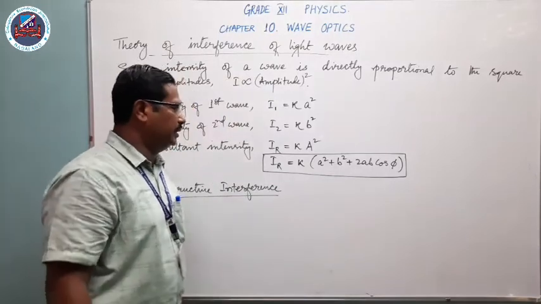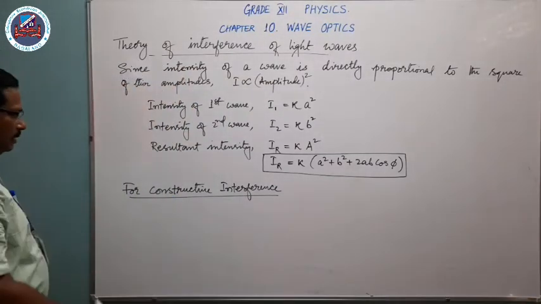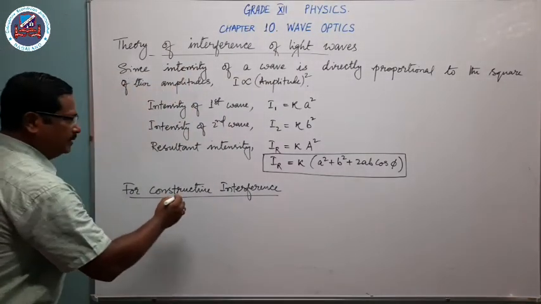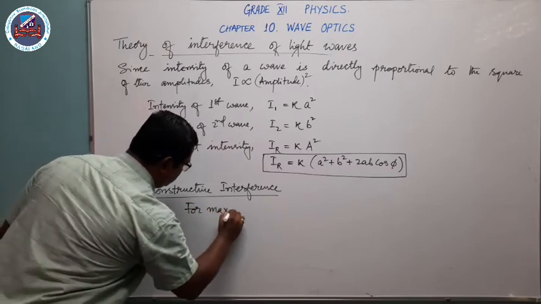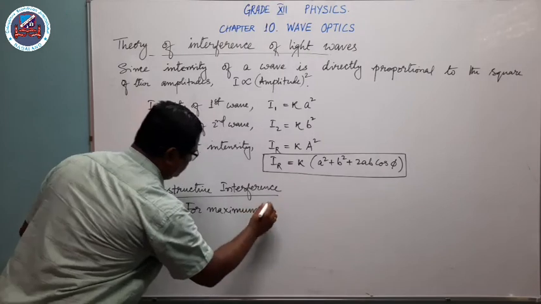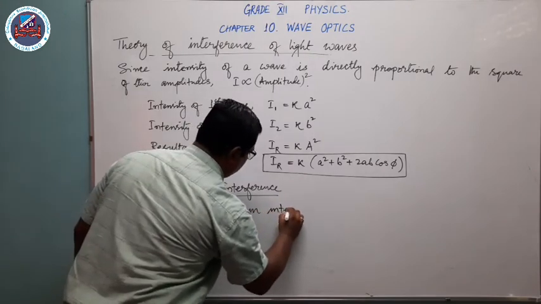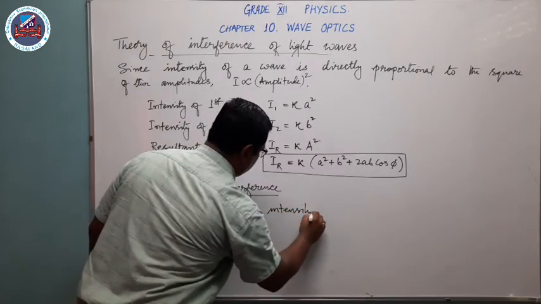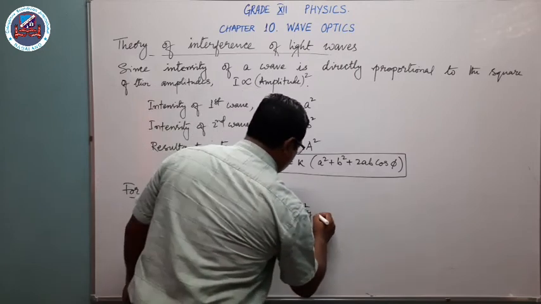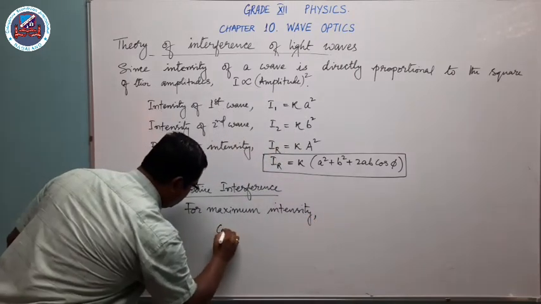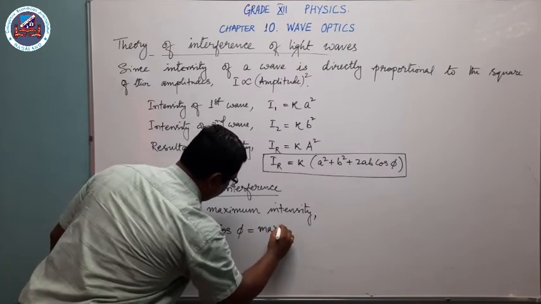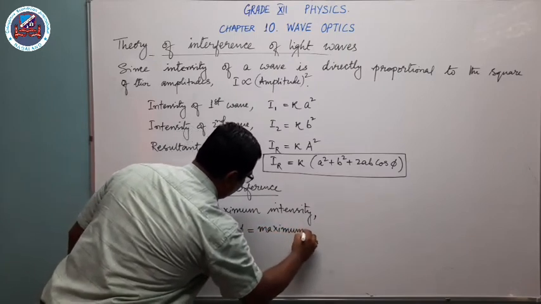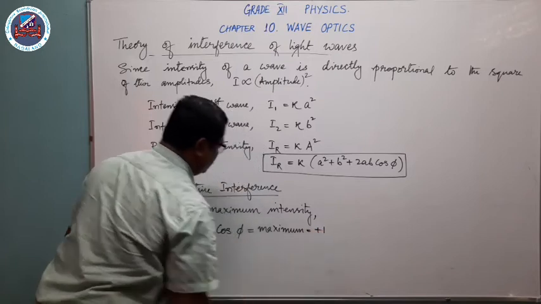Maximum value of cos phi is 1. For maximum intensity, cos phi, that is maximum, will be equal to plus 1.